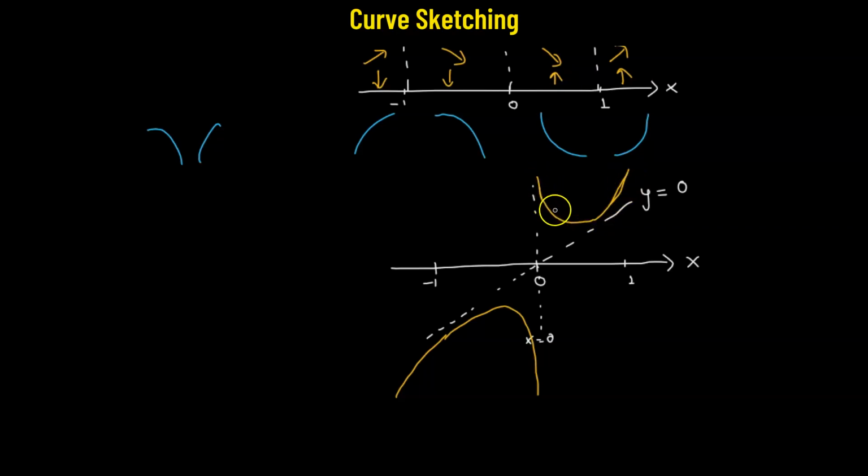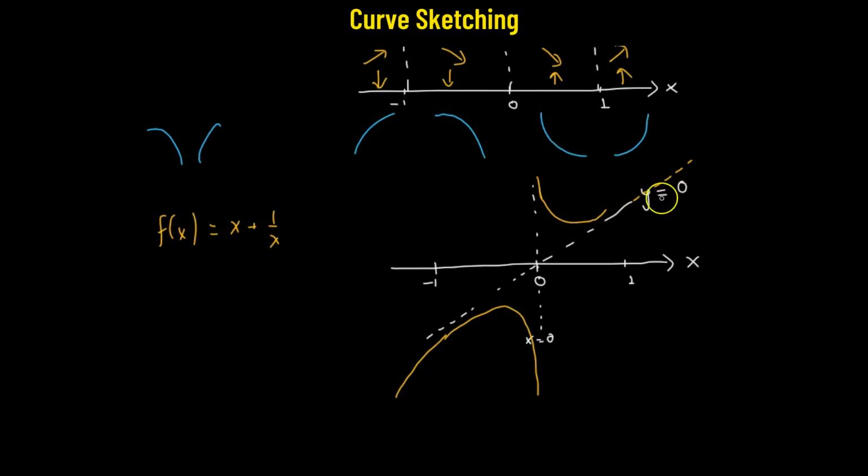So this is what the sketch of the graph of f of x equals x plus 1 over x will look like. You can use any graphing calculator to verify our result. But there is one more thing. Since this is an asymptote, this value is going to be closer and closer to our asymptote at higher values.